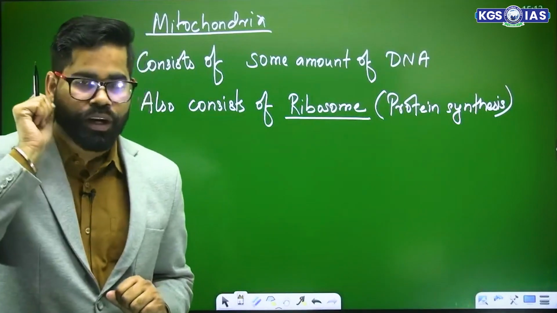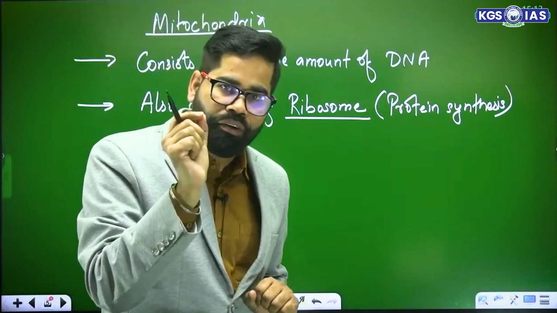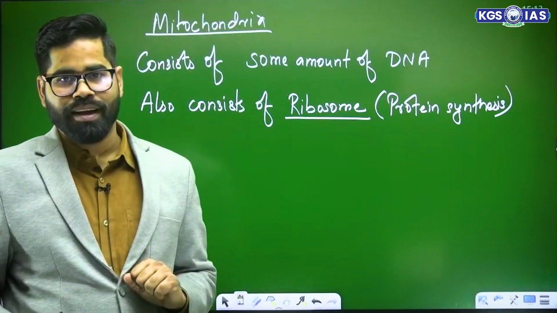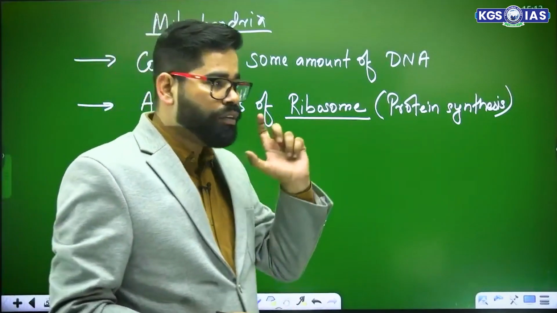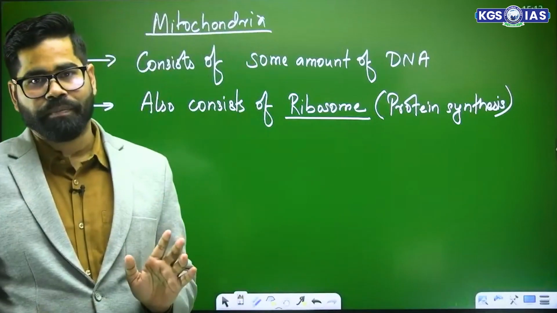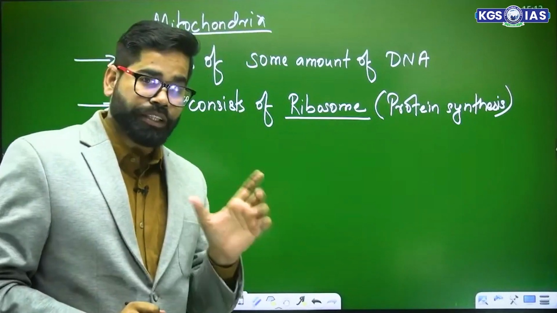So mitochondria consists of some DNA material, and it also consists of ribosome at the same time.